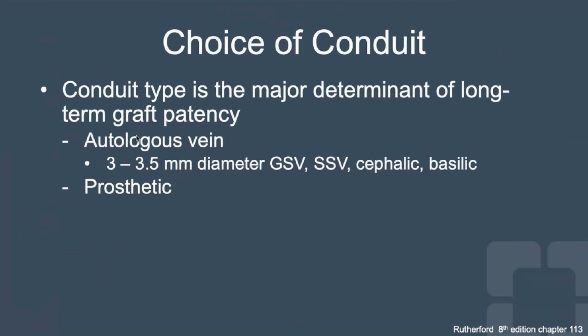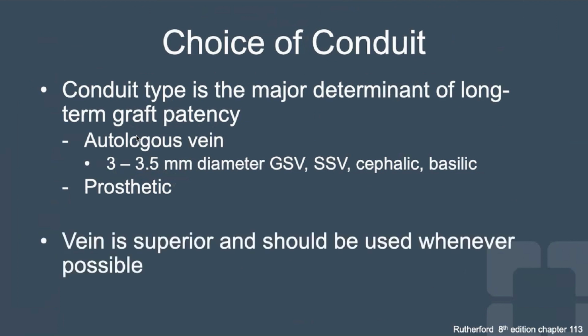The great saphenous vein, small saphenous vein, I will use cephalic or basilic vein in these patients. Our other option is prosthetic, whether it be PTFE or a Dacron fabric. And in my opinion, vein is superior and should be used whenever possible for many different reasons.